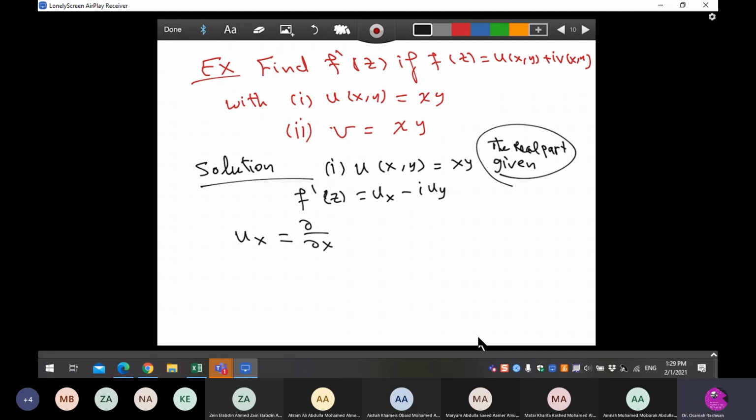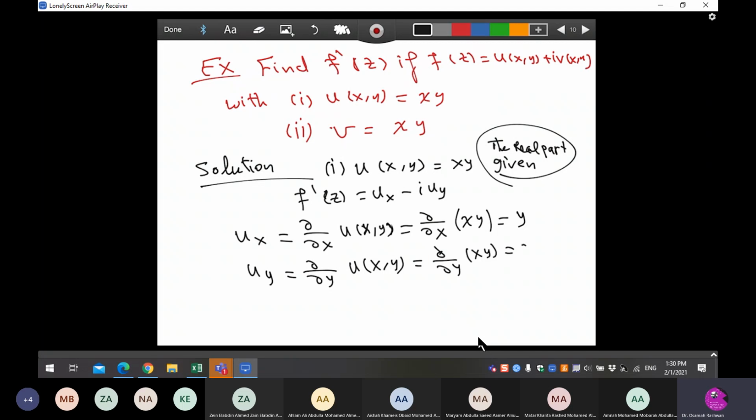It's partial by partial x for u, which is partial by partial x of xy, and it is y. Now I'm looking for uy, the first derivative with respect to y of my real part, which is partial by partial y of xy, which is x.